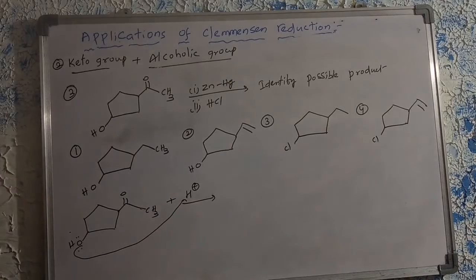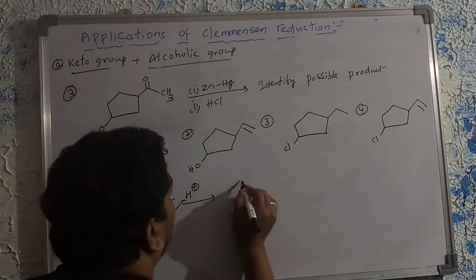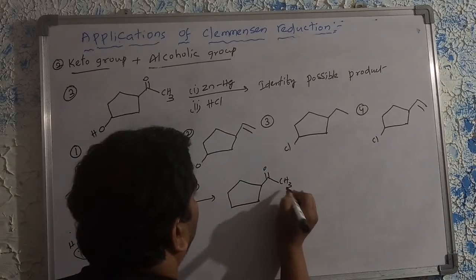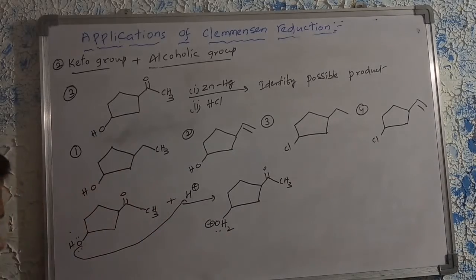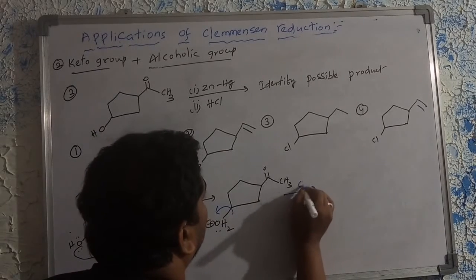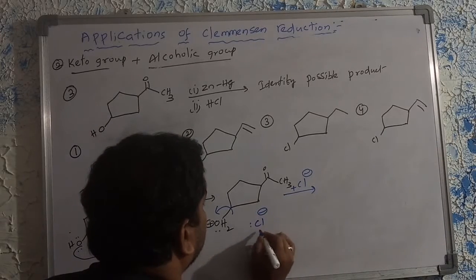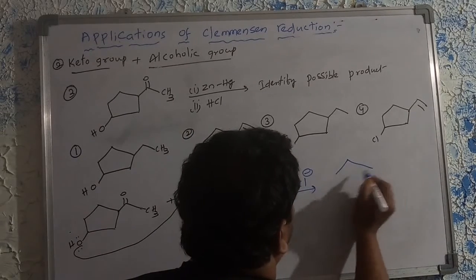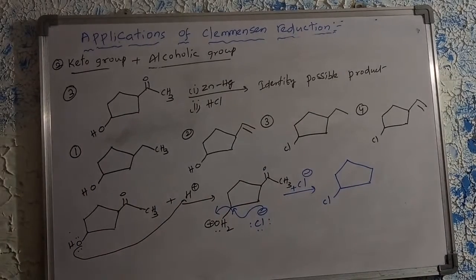The lone pair of electrons donates to the hydrogen and it becomes protonated, with OH2+. Here it cleaves a water molecule and Cl- attacks the electron-deficient carbon atom. So therefore here the substitution is possible. In place of OH it is substituted by halogen.